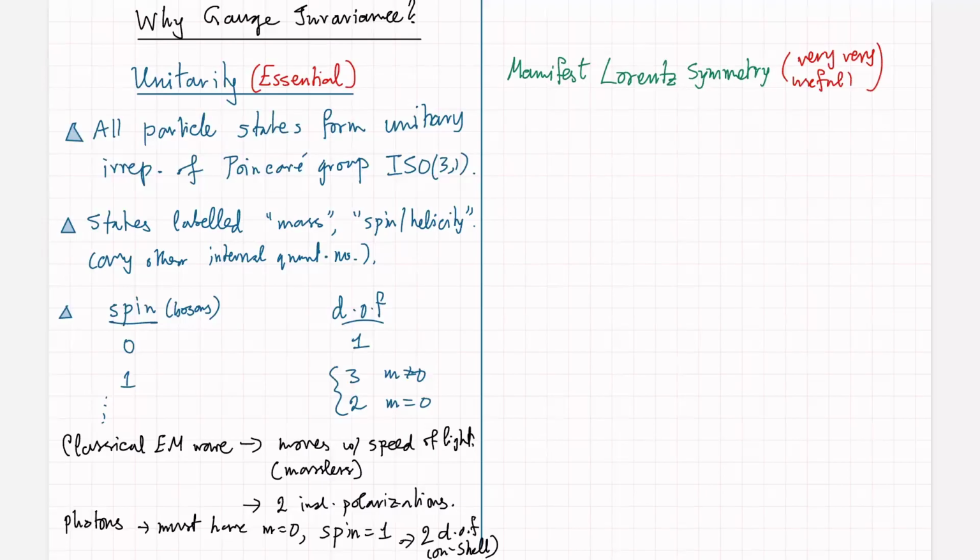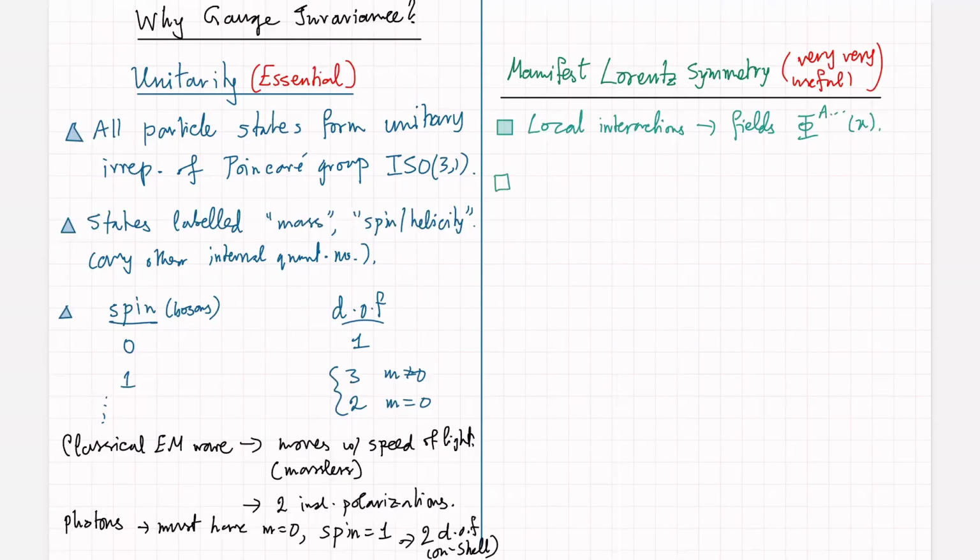And of course, this is not a new realization. This has been there for more than 100 years now. We know that if I want to capture interactions which are local, they are best captured in terms of fields. So I have some field, they can have some sort of index. But the point is that these are local functions of space-time.